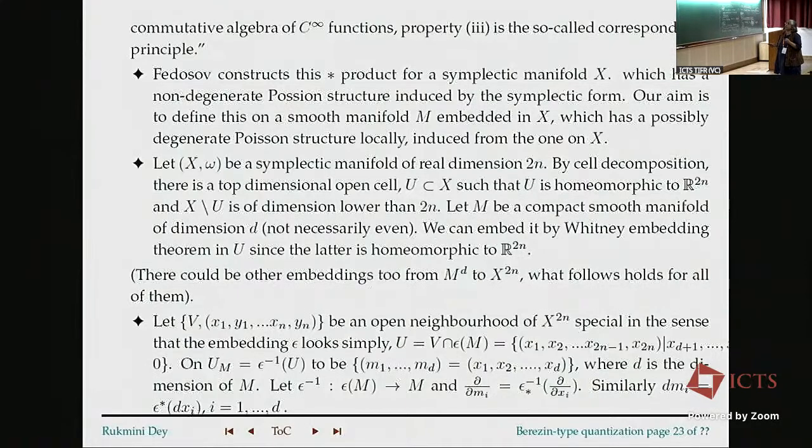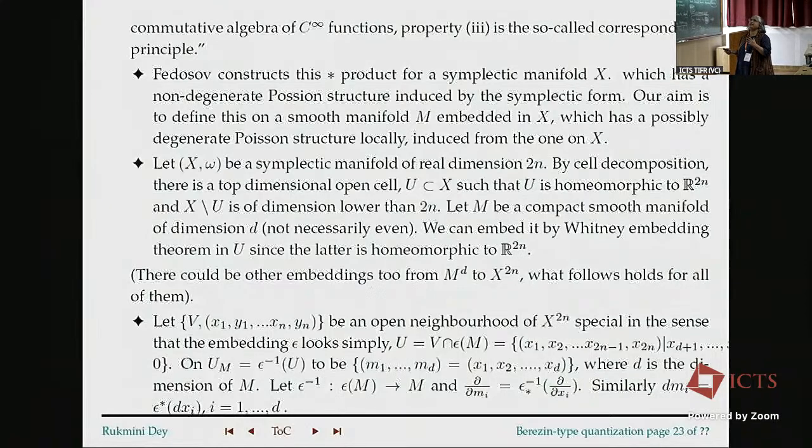X comma omega is a symplectic manifold of real dimension 2n. Then there is a cell decomposition, and there's a top dimensional cell which is homeomorphic to R2n, and X minus U is of dimension lower than 2n. So I embed the manifold into R2n.